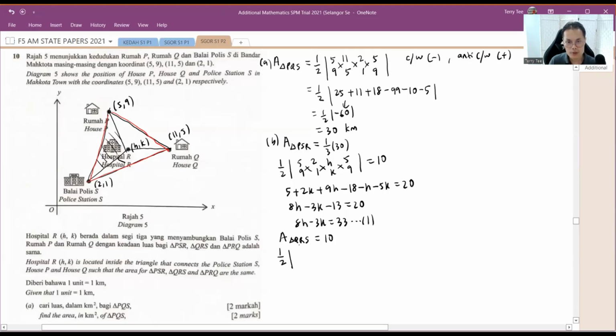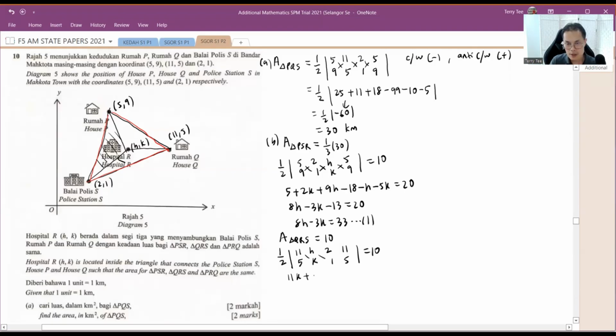Times Q, I'm using QRS. Q is 11, 5. But instead of using QSR, QRS the other way around. I'm using anti-clockwise direction. Remember that. H, K, this is 2, 1, repeat 11, 5. The result is 10. So this is 11K.